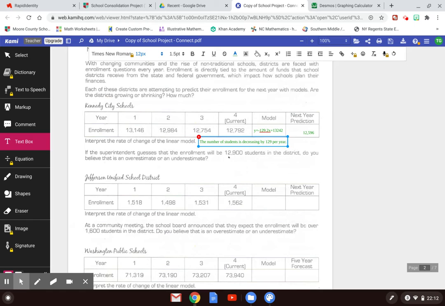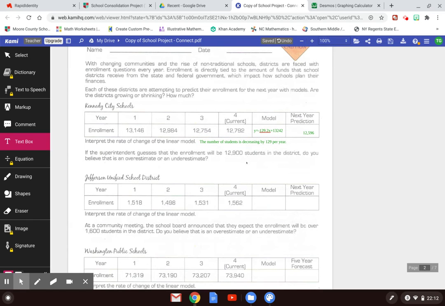Okay? Now, that's what your rate of change tells you because it's a negative 129.2x. All right, you could also say the number of students is decreasing by approximately 129 per year. And the reason we approximate is because we're talking about human behavior here. And you can never really predict what people are going to do. So we'll just use the approximation.